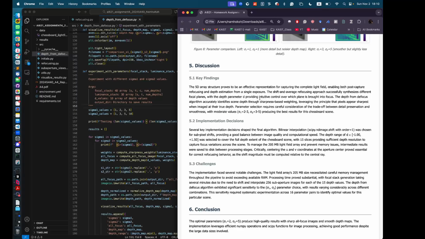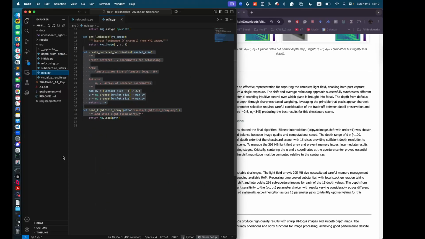You can see this in the utils.py script here, where from line 16 to 19, the coordinate centering ensures shifts are computed relative to the central array, which is physically correct. We chose bilinear interpolation for a good balance between quality and speed. Higher order interpolation would be more accurate, but significantly slower given that we're processing 256 sub-apertures at each of 15 depths.